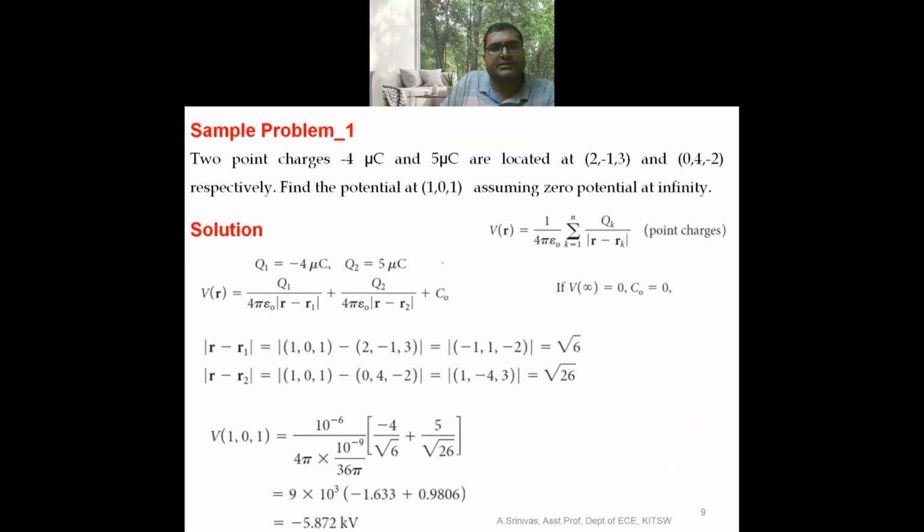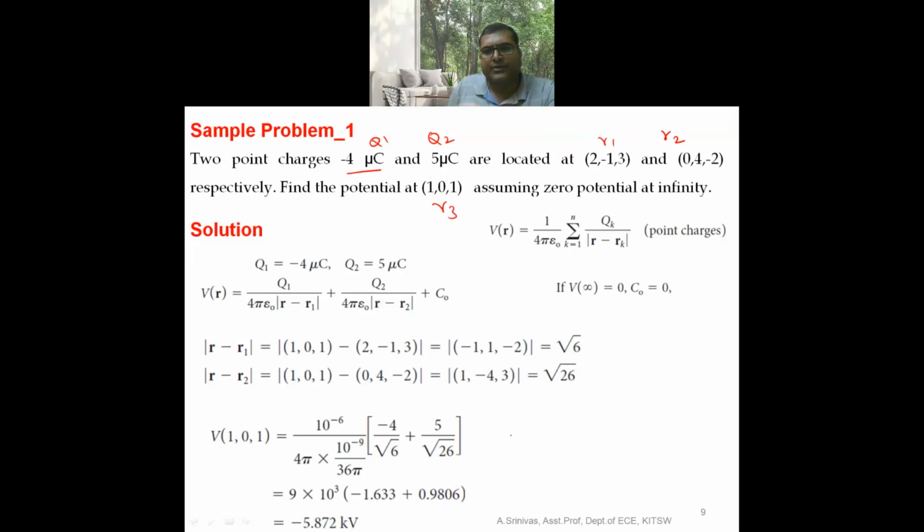Let us refer to a sample problem. Two point charges Q1 and Q2 are located at position vectors R1 and R2. We are supposed to calculate the potential at another point R3.